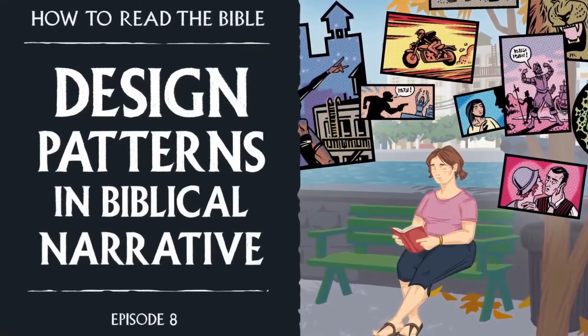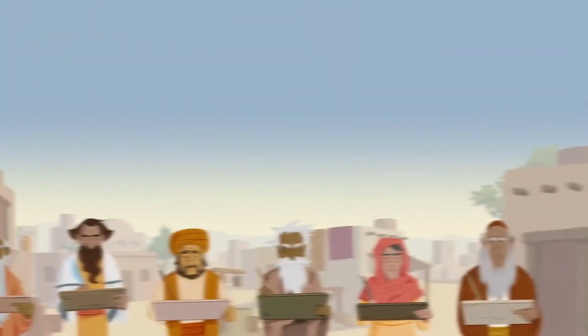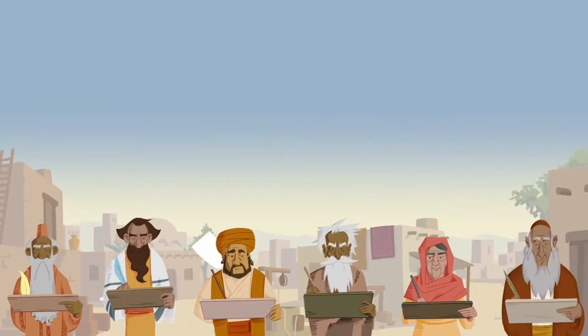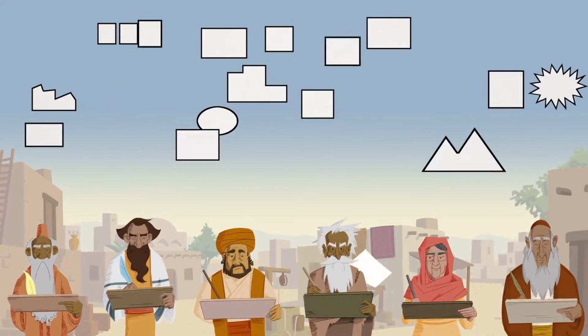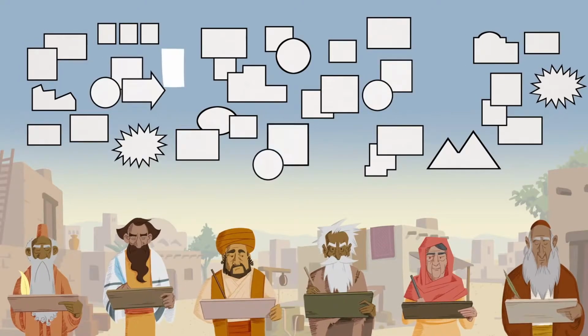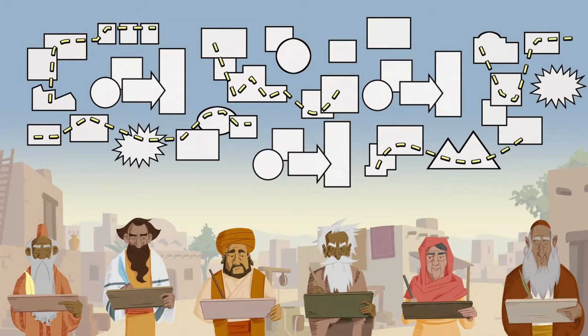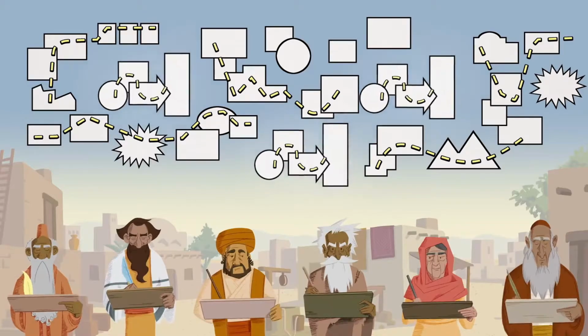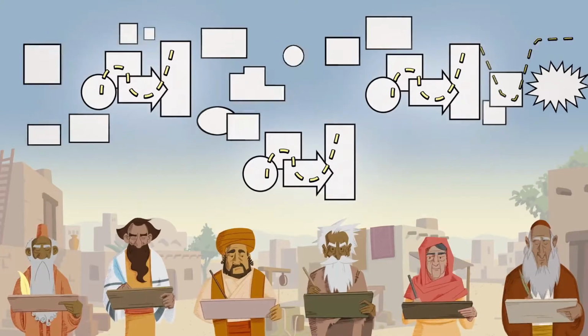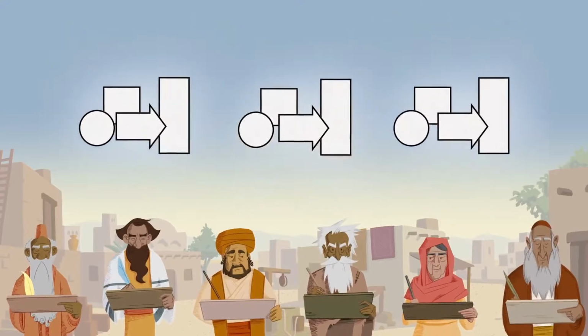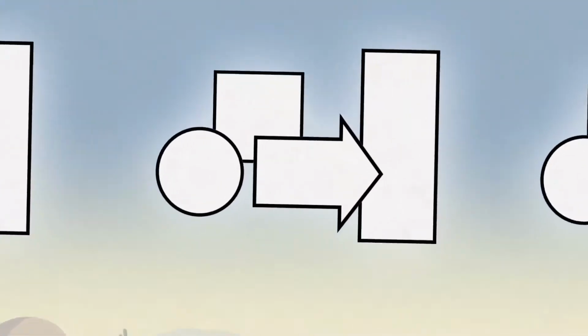What do you mean by design patterns? Well, the biblical authors have shaped all these elements, character, setting, and plot, to create series of repeated patterns that weave through story after story and tie them all together. When you notice these patterns, you'll see how different stories across the whole Bible have been coordinated to emphasize key themes. This sounds interesting, but how do you know how to find a biblical pattern?